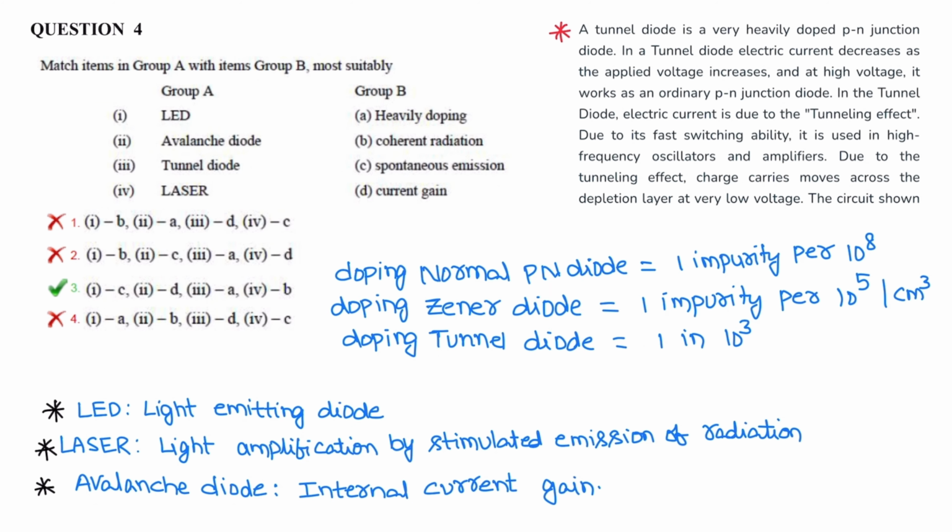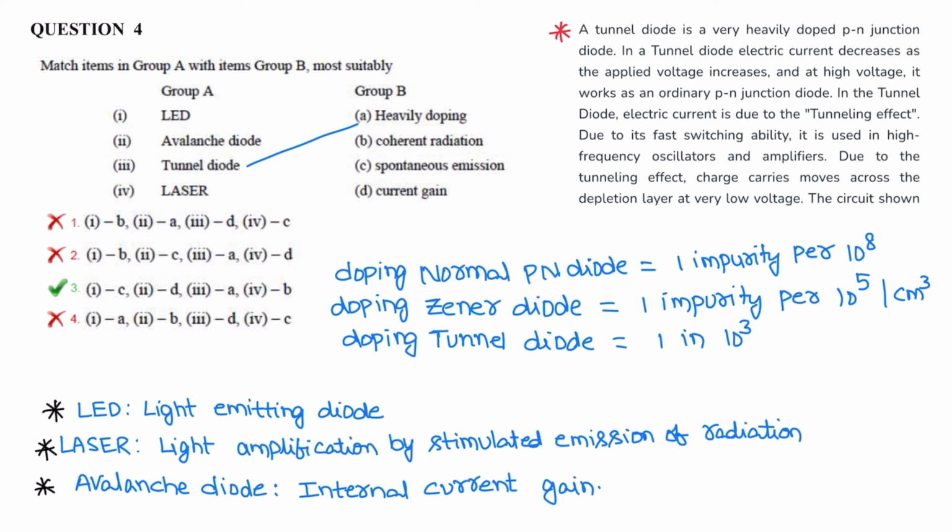Question number 4, match the group A items with group B. In group A they have given LED, light emitting diode, laser, light amplification by stimulated emission of radiation, avalanche diode and tunnel diode. So we know that tunnel diode is very heavily doped diode.